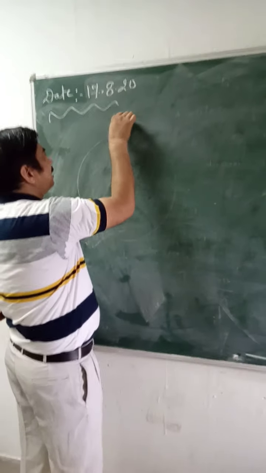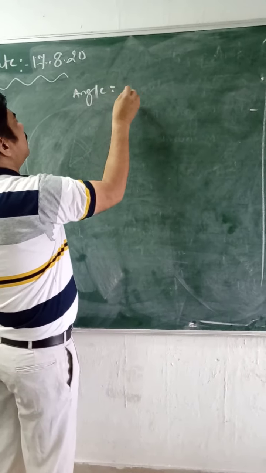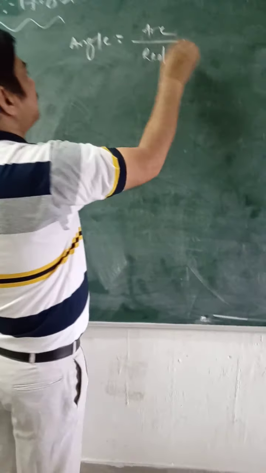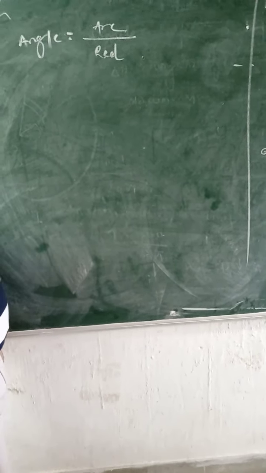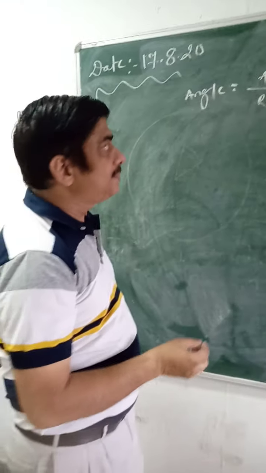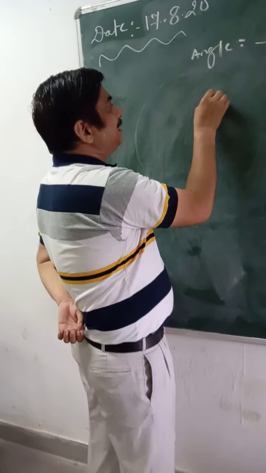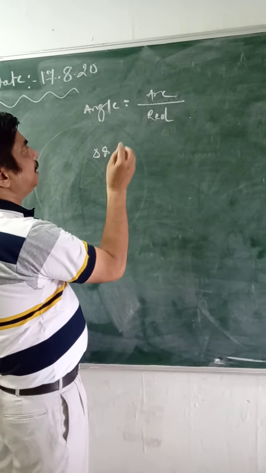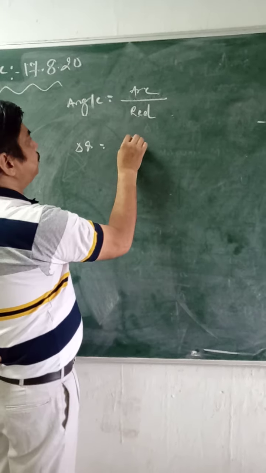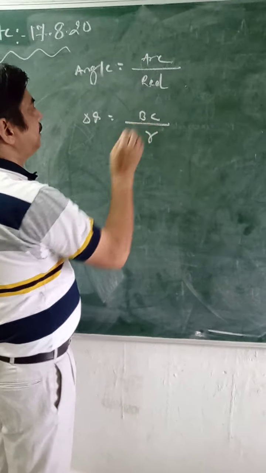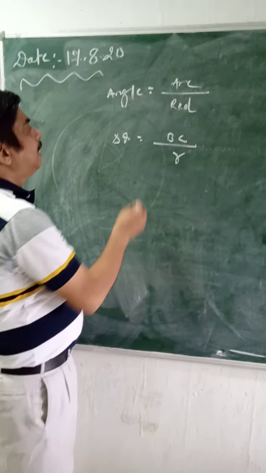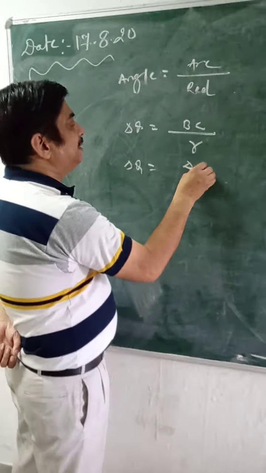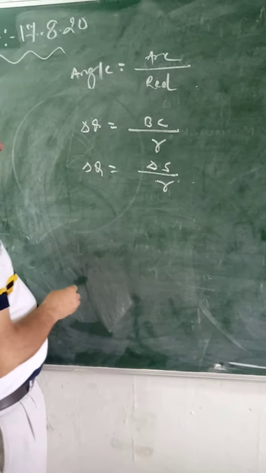Now, one thing we know is that angle is equal to arc upon radius. So this delta theta is equal to arc, that is BC, divided by r, and this can be written as delta S divided by r.